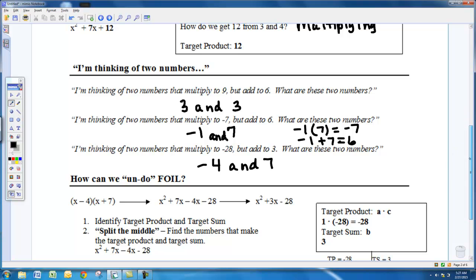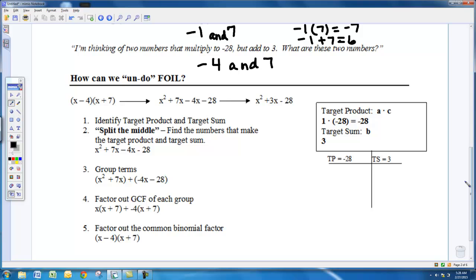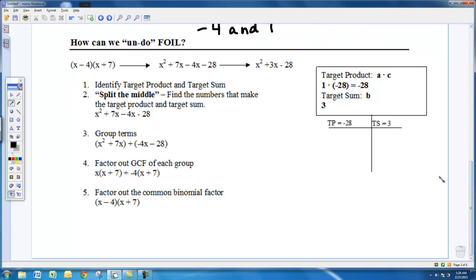Okay, so let's get into how to undo FOIL. These are the steps that we're going to follow. We're going to identify our target product and target sum.